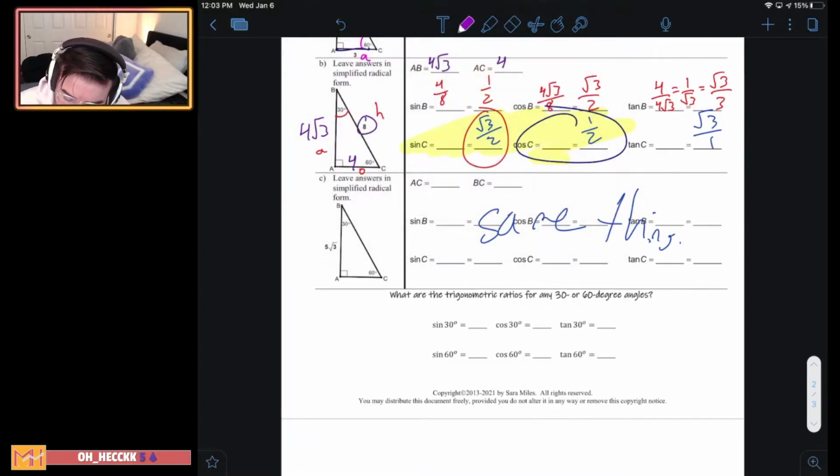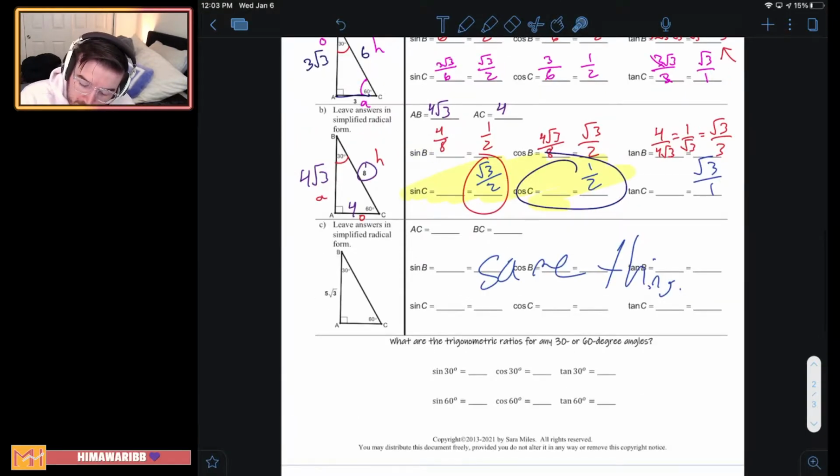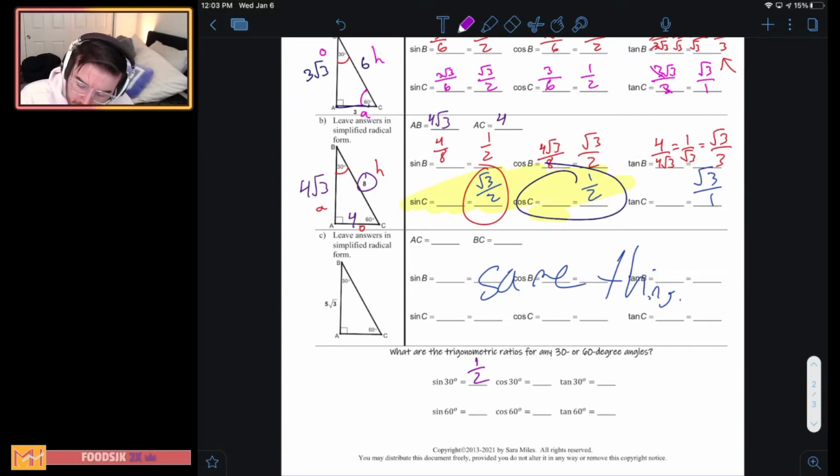Sine of 30, no matter how big or how small your triangle is, no matter what the length of the legs are, it's always going to be a half. And cosine of 30, no matter how big the triangle is, is always going to be root 3 over 2. And tangent's always going to be root 3 over 1.